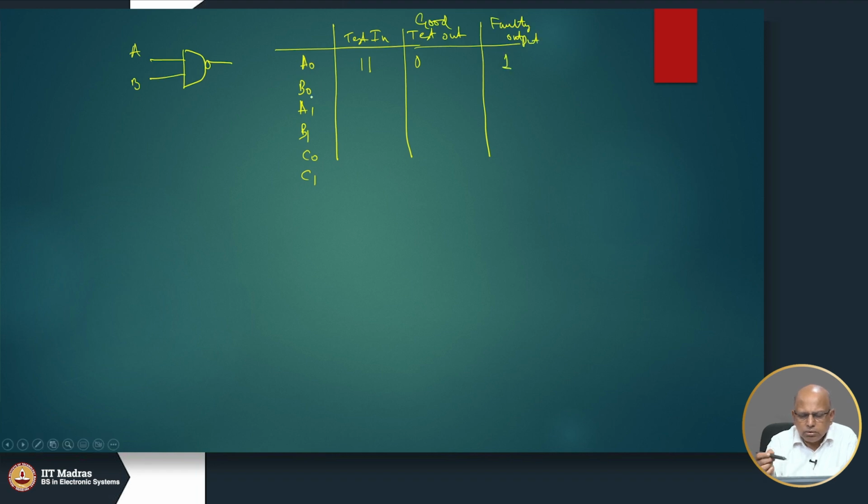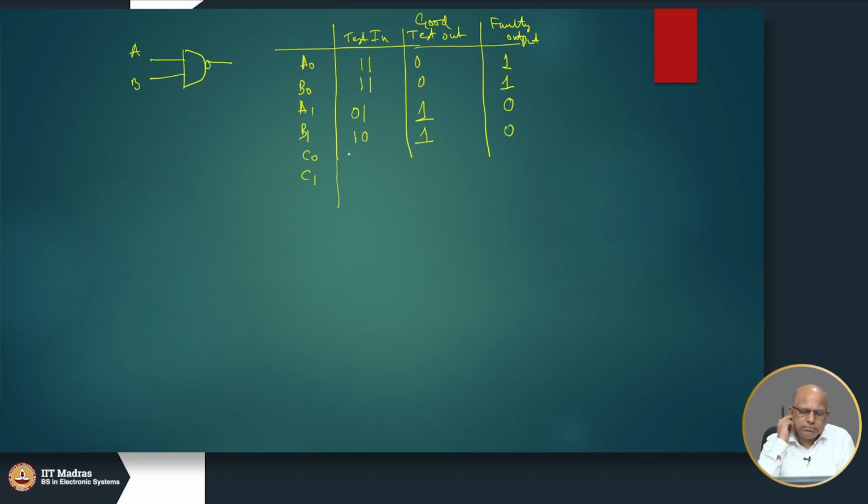For B0 by symmetry it is the same one, so here also a good circuit will produce a 0. For A1 we argued that it is 0 1, a good circuit will produce a 1, a faulty circuit will produce a 0. By symmetry you can say B1 is 1 0. So, here also a good circuit will produce a 1, a faulty circuit will produce a 0.